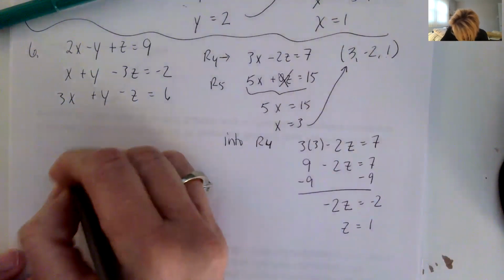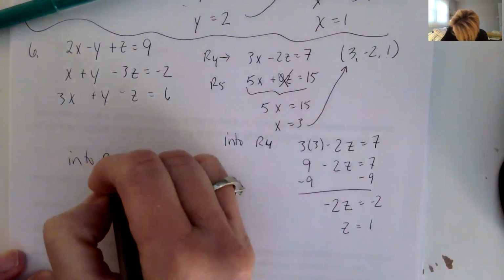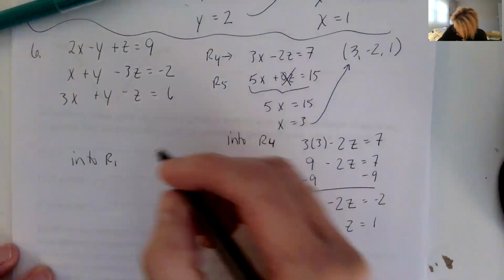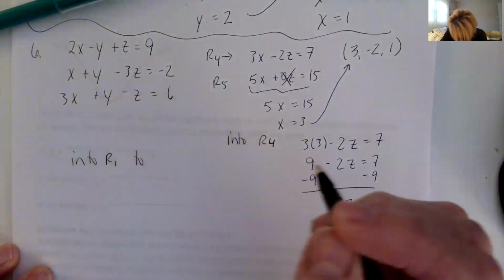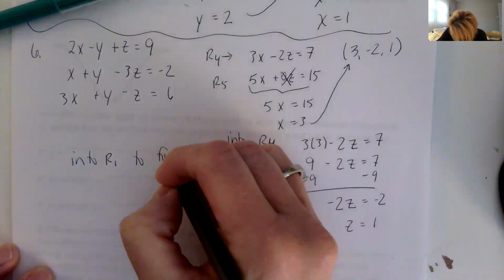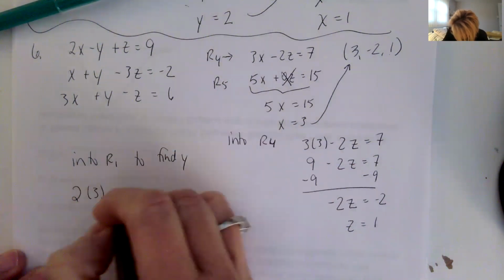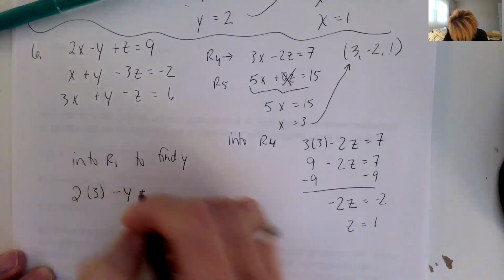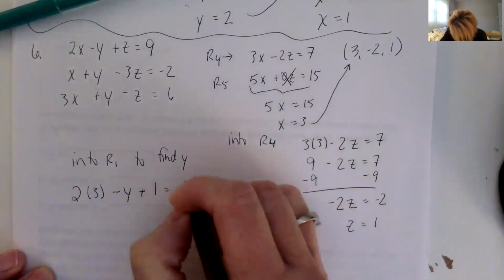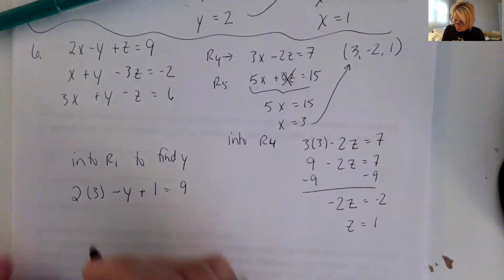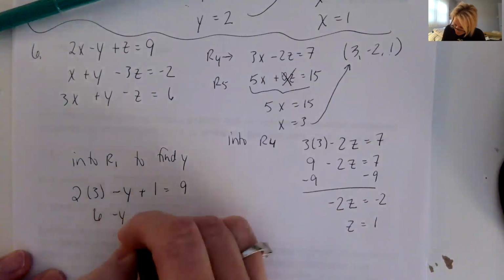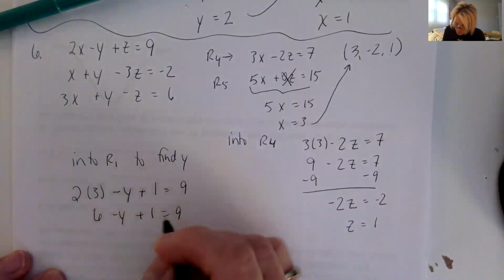So now I can go back into row 1 to find Y. That's the only one we don't know yet. So 2 times X, which is 3, minus Y plus Z, which is 1, equals 9. So 6 minus Y plus 1 equals 9.